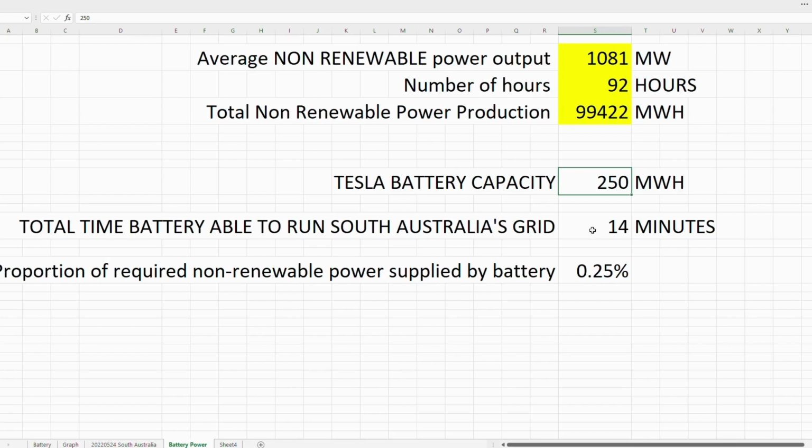This means that the battery would be able to run South Australia's grid during that time when renewable power was low, for a total of 14 minutes. So there was 92 hours of low wind, and the Tesla battery was able to supply 14 minutes, or 0.25% of the power required to keep the grid going, keep the lights on in South Australia.